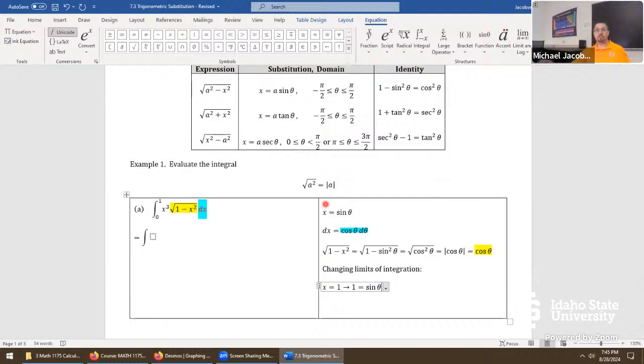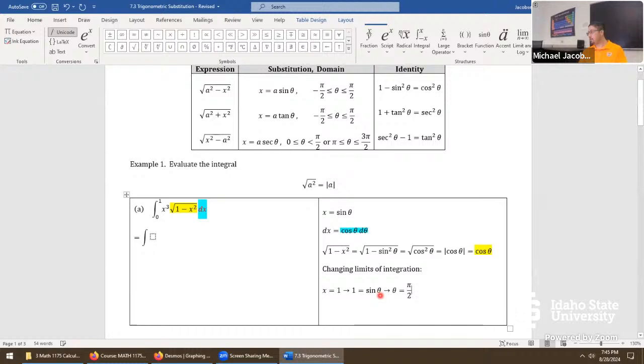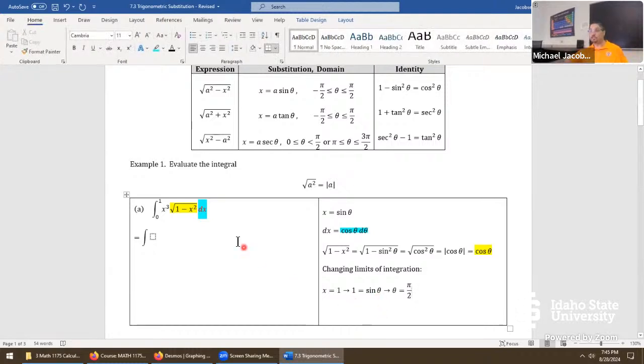Now we think back in trigonometry, what angle theta within this domain produces a 1 for sine? Well, that would be right at pi over 2, right? Right at the top of the rotation, sine takes its maximum value of 1. So this implies theta equals pi over 2. That's our new upper limit of integration. 1 transfers to pi over 2. Then we just redo the whole thing again.